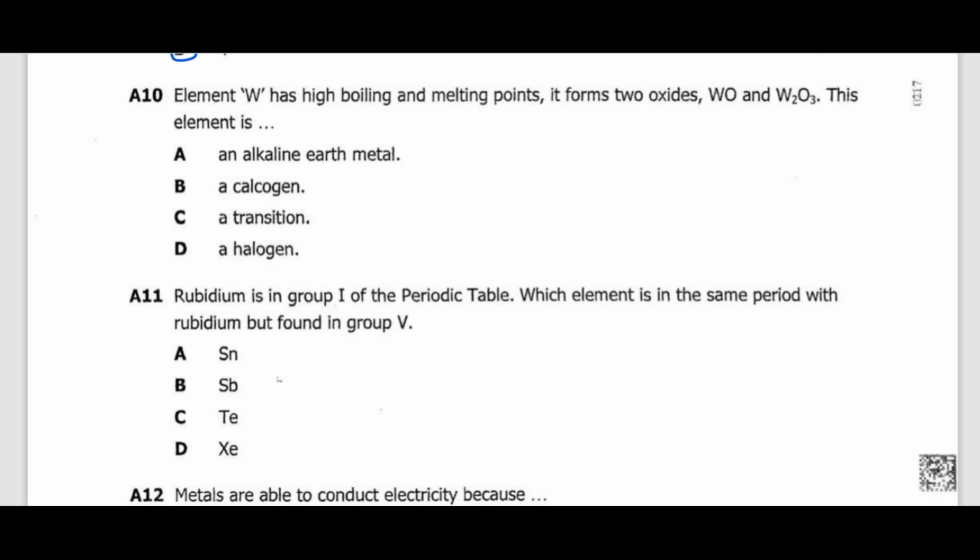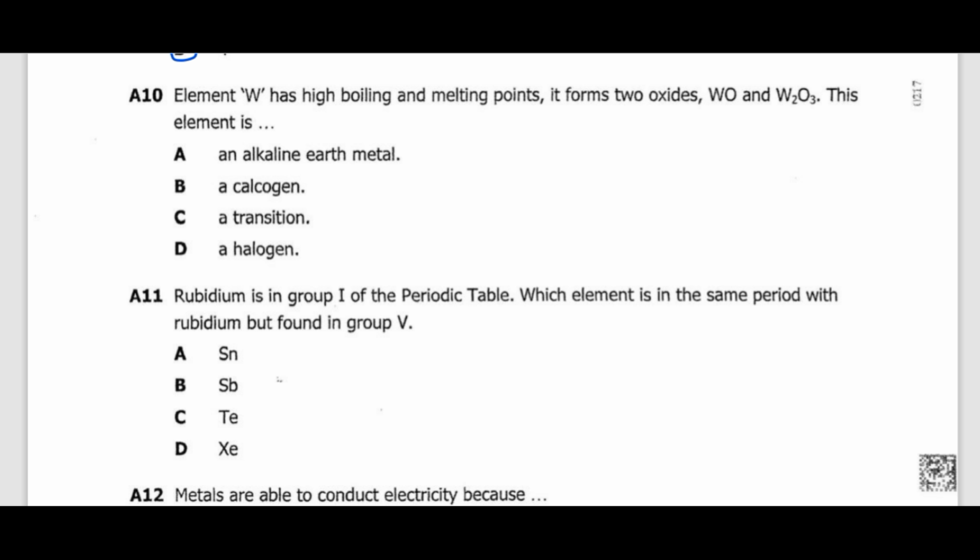Okay, so move on to question 10. Element W has a high boiling and melting point. It forms 2 oxides. This element is A, an alkaline earth metal, B, a chalcogen, C, a transition element, D, a halogen.